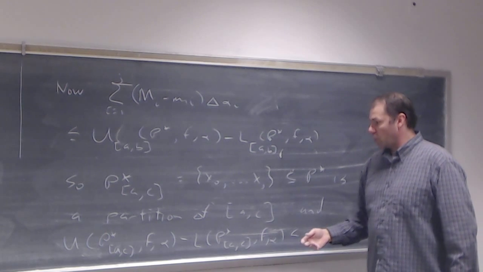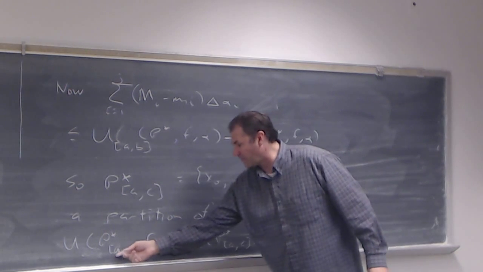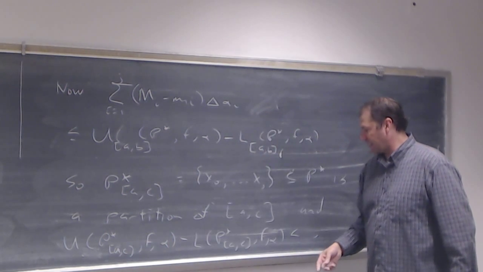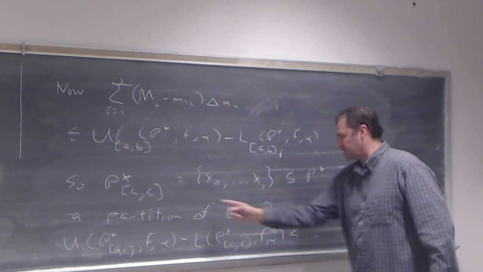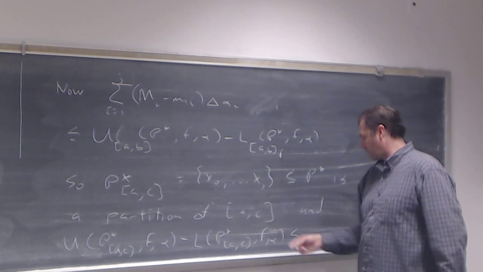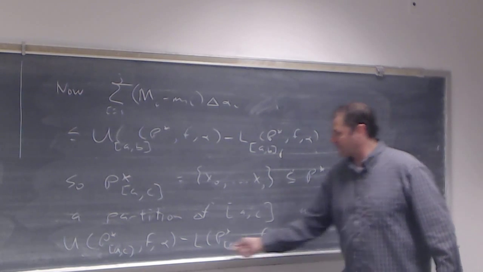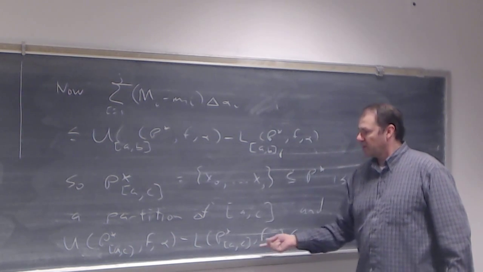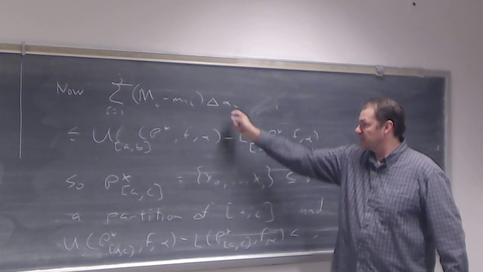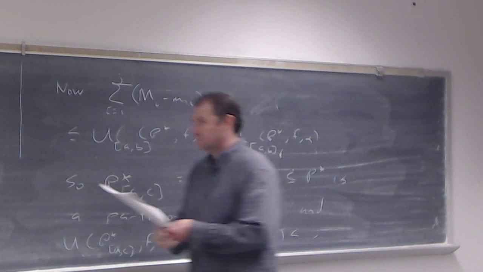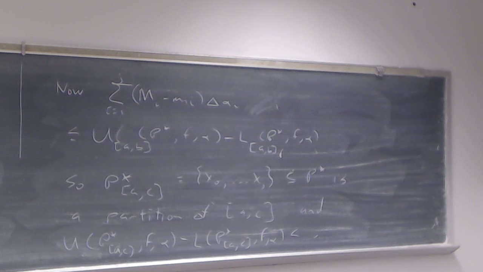And to show that F is Riemann-Stieltjes integrable from A to C with respect to alpha, what I need to find is one of these partitions such that the upper sum minus the lower sum with that partition is less than epsilon. But what I've got is, for this partition, this subtraction, upper sum minus the lower sum, which is this, is going to be less than this. That's what I'm going to write next.